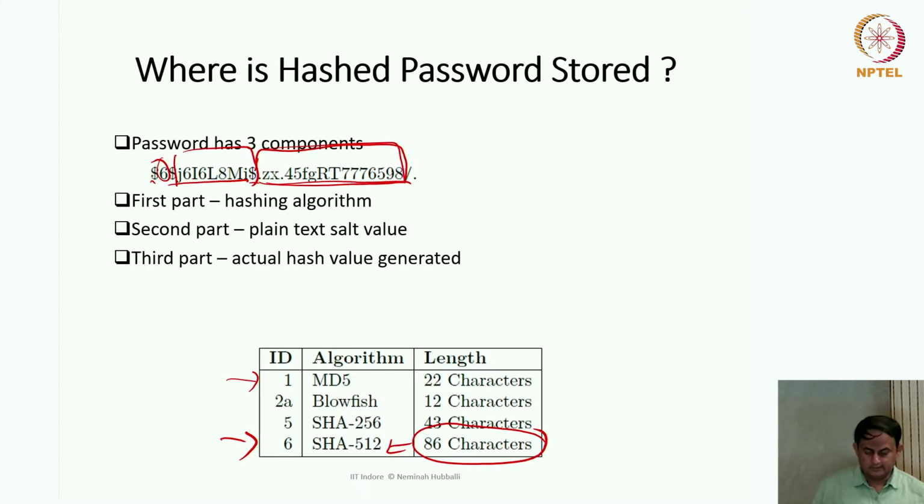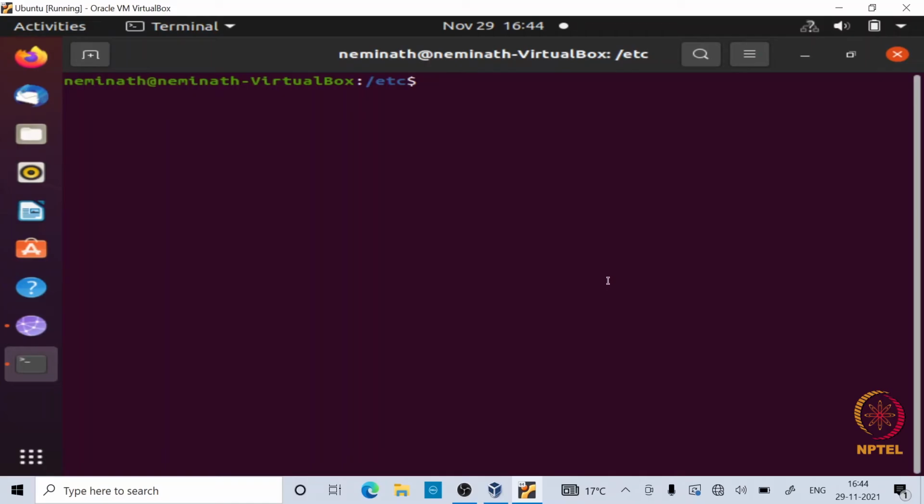Okay, so that is how Unix or Linux systems manage the password. We can take a demo of that by logging into a Linux system. I'm here at the etc directory, and let's open the password file.